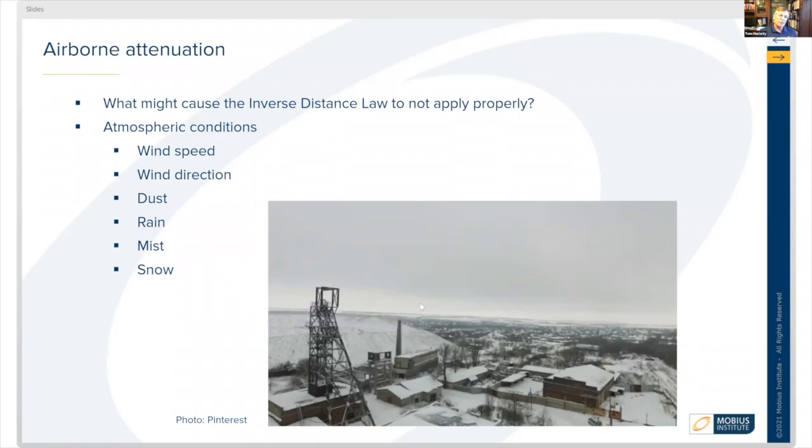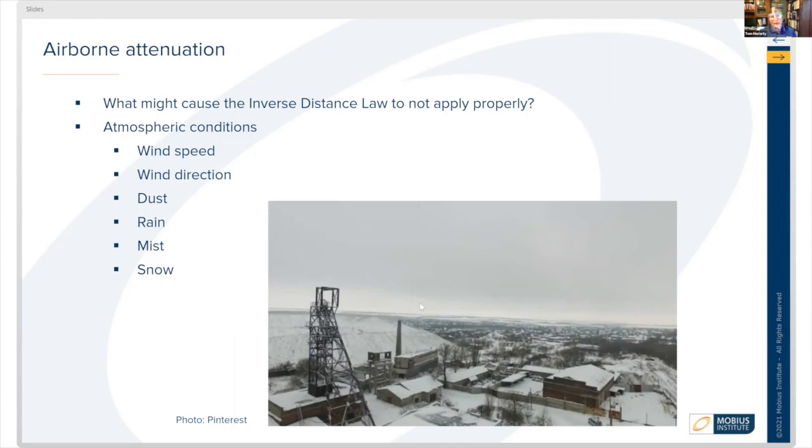what might cause the inverse distance law to not properly apply, meaning doubling the distance reduces the decibels by 6, it may reduce it by more than 6. If the wind speed, wind direction, if there's dust or a lot of debris in the air, if it's raining, misting, or snowing.